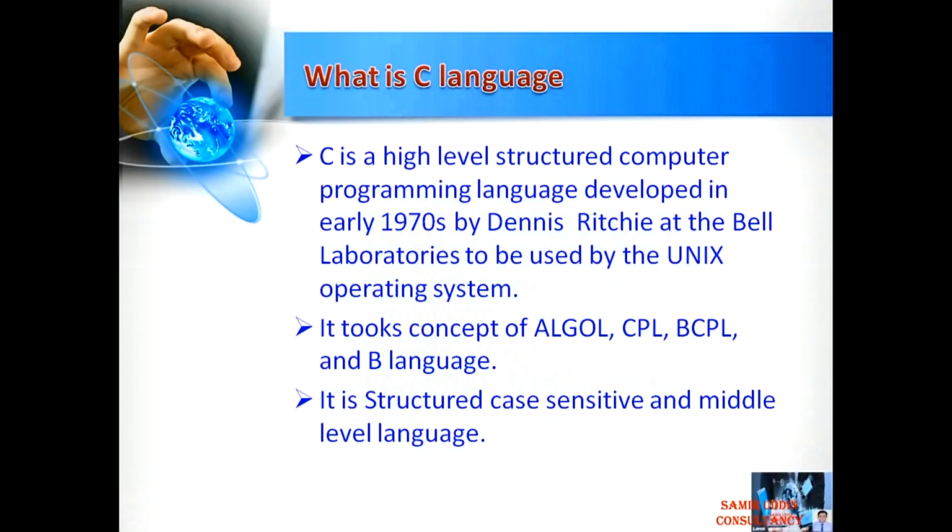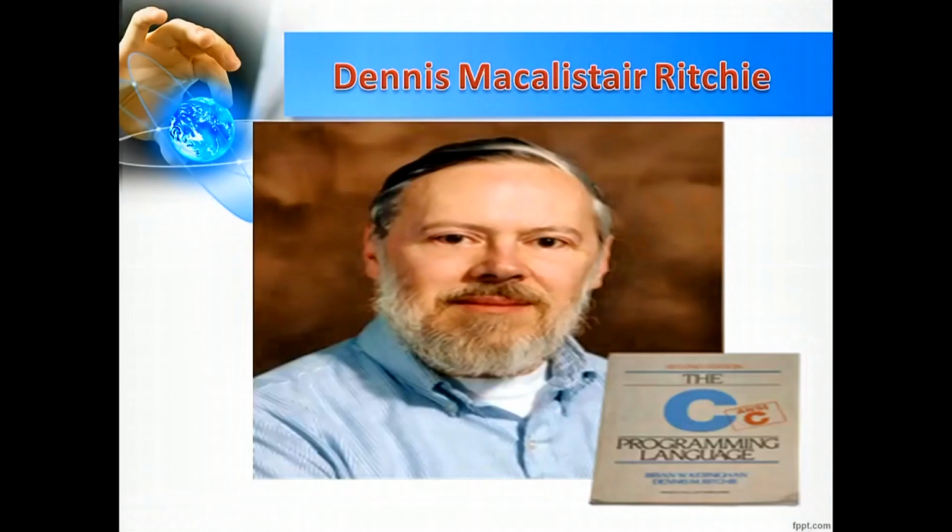C is called a middle-level language because it is a combination of both high-level language and low-level language. C was invented to write an operating system called Unix. So, he is Dennis McAllister Ritchie, who developed the C programming language.